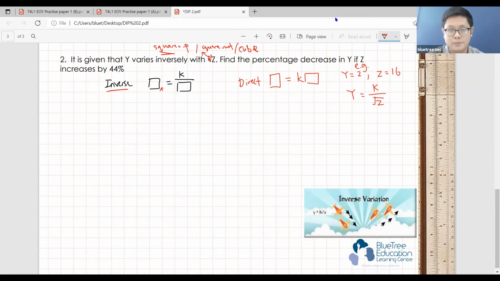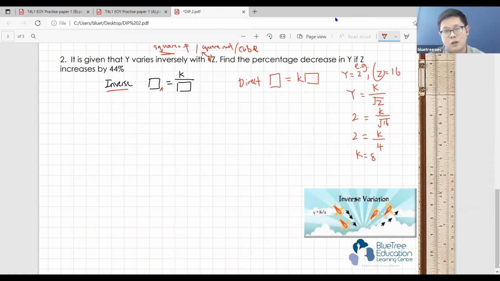Yeah. So with this formula here in the example, if, let's say, they give you the value of both y and z, you can then sub that in. That means you substitute the y as 2 and change the z inside the square root to 16. Okay, you're only changing z to 16, not the whole thing to 16, because you're only changing z, right? And then you will basically be able to solve for k for this type of question, by multiplying by 4.